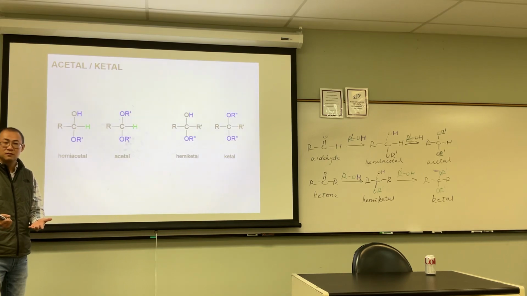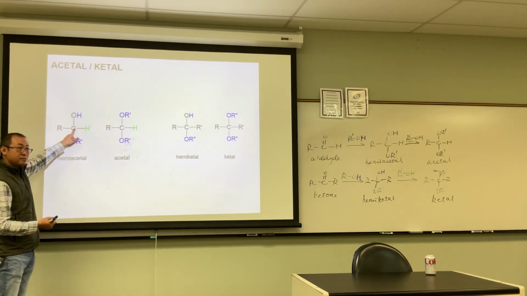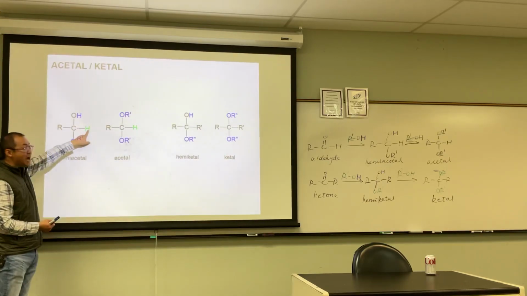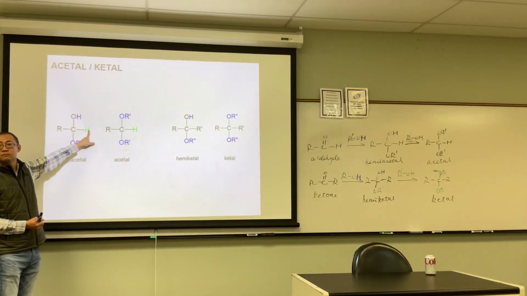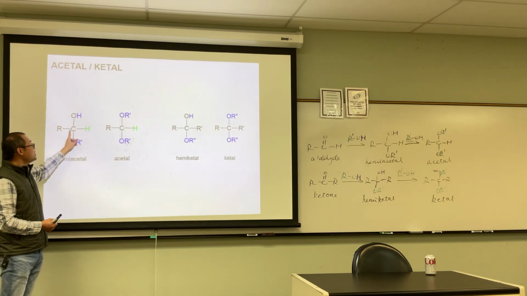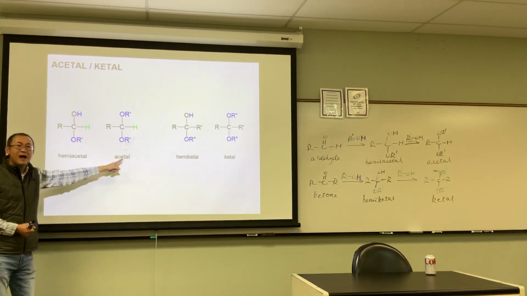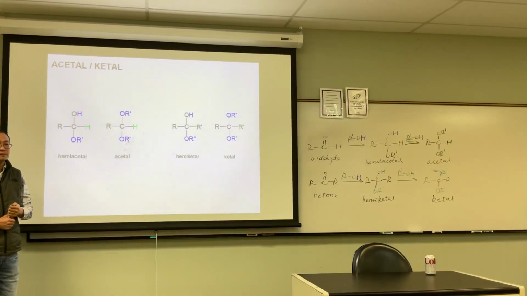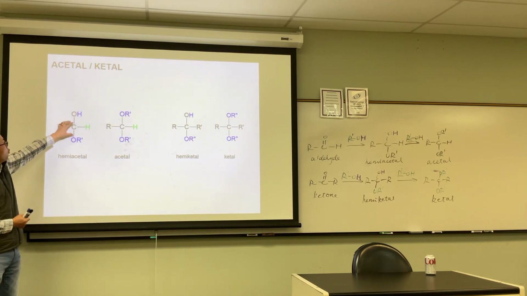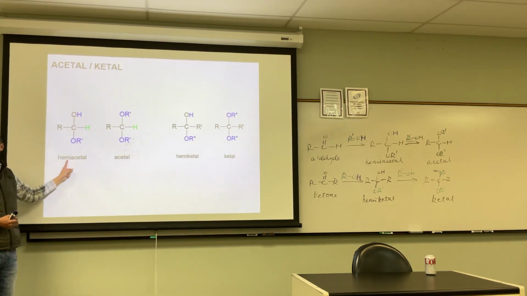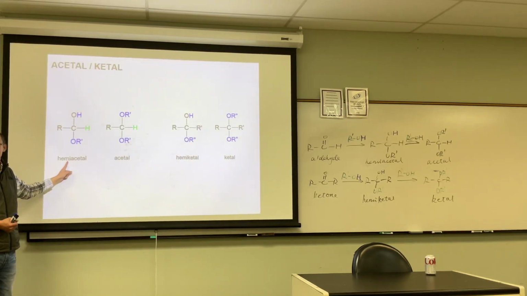Next, if you see that carbon with two oxygens single bonded has a hydrogen, then we know these are from what? Aldehyde. So they're acetals. If one of the oxygens is OH, then you add hemi. Good? I know it's complicated.